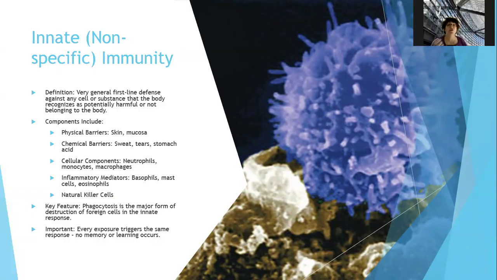Inflammatory mediators. So once the inflammation process gets initiated, now we have basophils and mast cells and eosinophils. Basophils and eosinophils are white blood cells, leukocytes, and mast cells are other cells associated with the immune system. And mast cells create chemical messengers that mediate the immune and inflammatory responses.